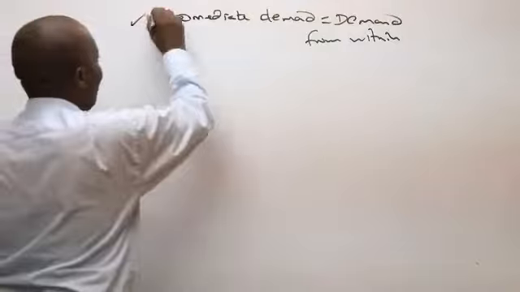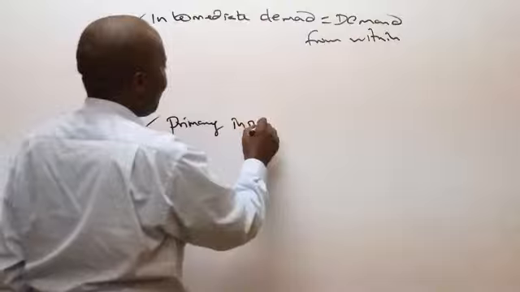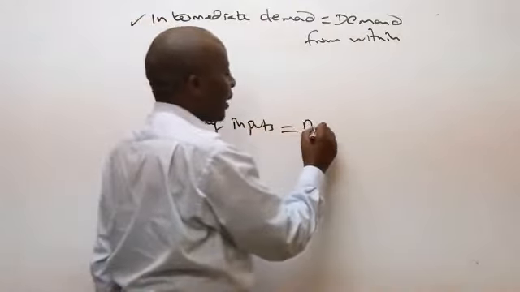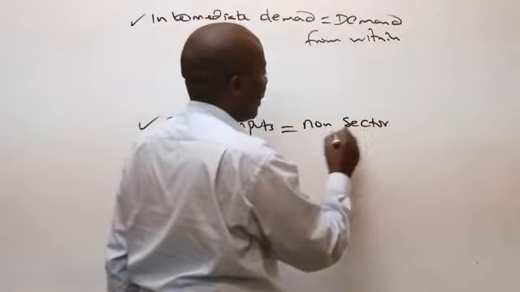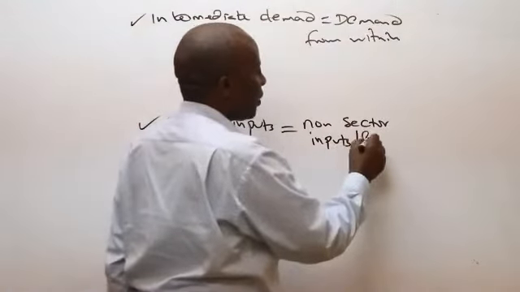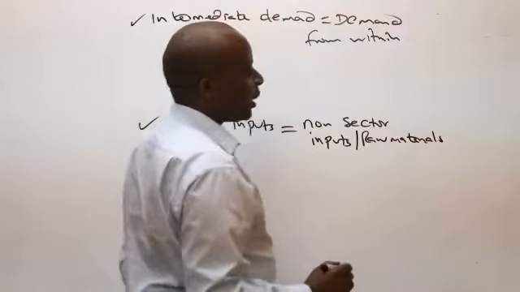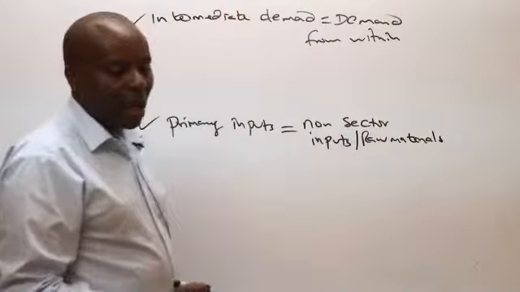And then we have the last one. If you check your past papers, you'll be able to see these definitions. The primary inputs. These are non-sector inputs, non-sector raw materials. Those raw materials that can never be provided by any sector.